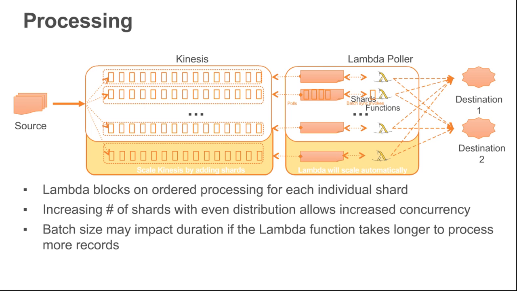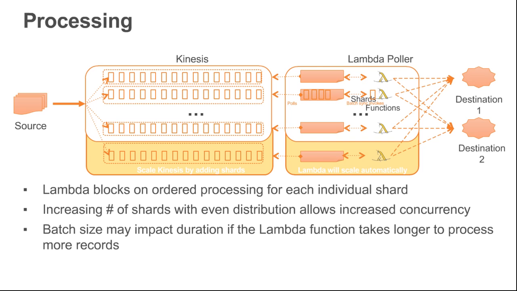Because Lambda blocks on order processing for each individual shard, it really limits the parallel processing on your Kinesis stream. This is why increasing the number of shards, given even distribution across the shards, will allow increased concurrency. So this will allow increased throughput processing of your Kinesis stream.